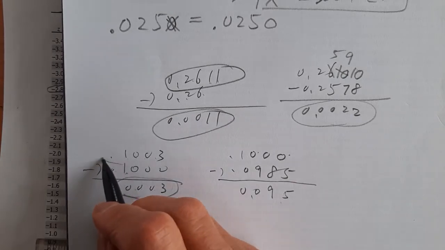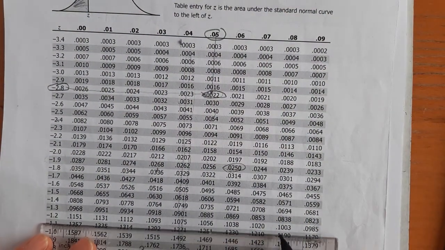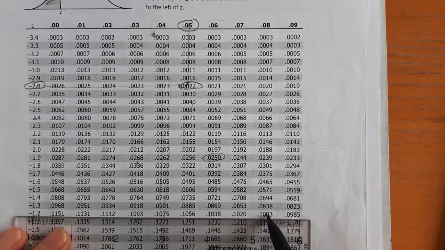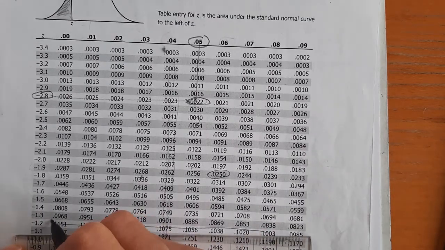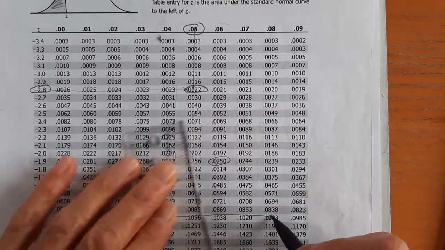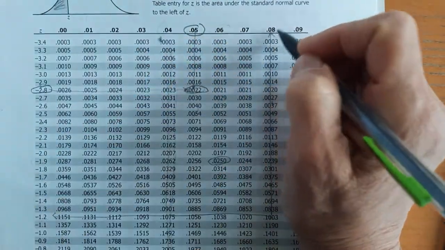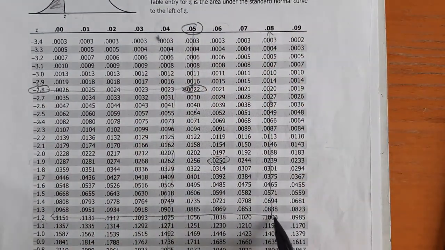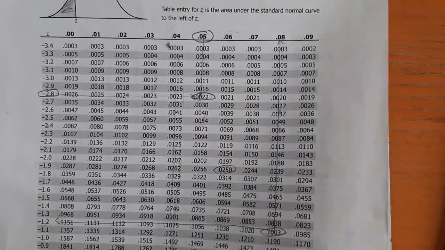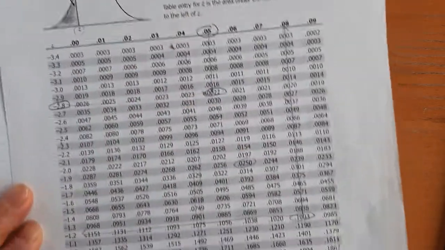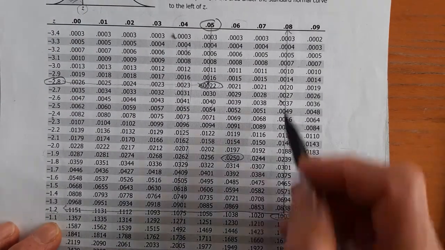So 0.10 is closer to 0.1003. Looking to the left of 0.1003 is negative 1.2, and looking at the top is 0.08. Together that is negative 1.28. So 0.1003 is the probability, this area, and the z-score is negative 1.28.